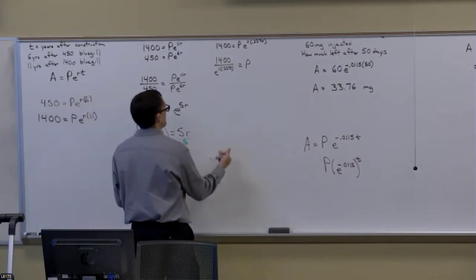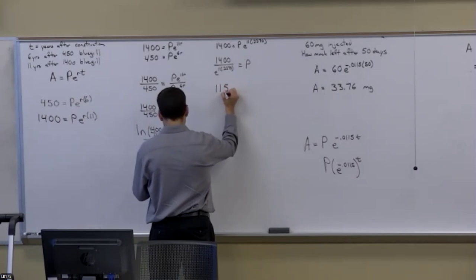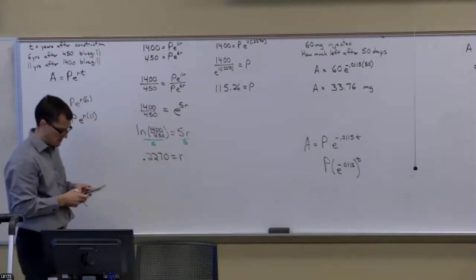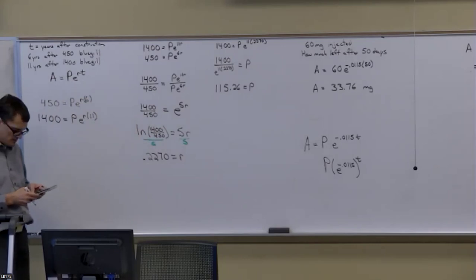I got an initial amount of about 115. Is that all right?